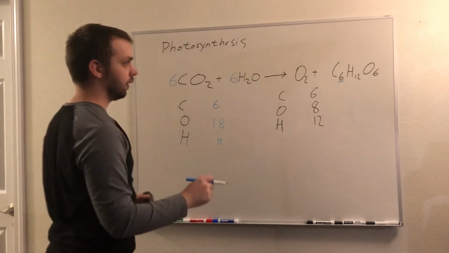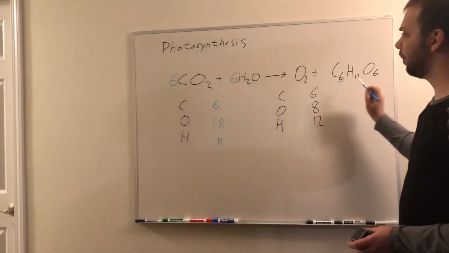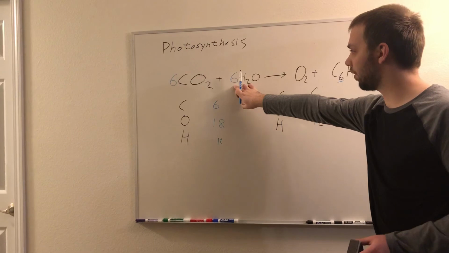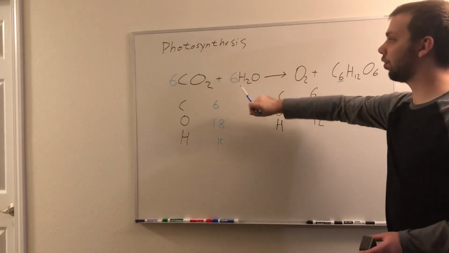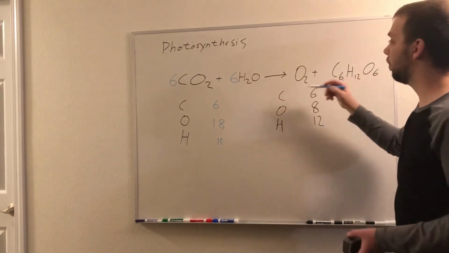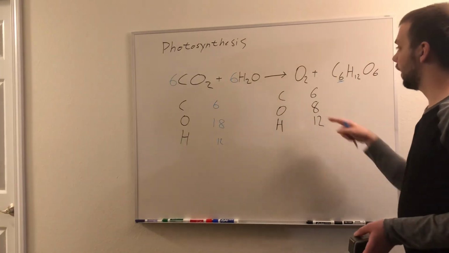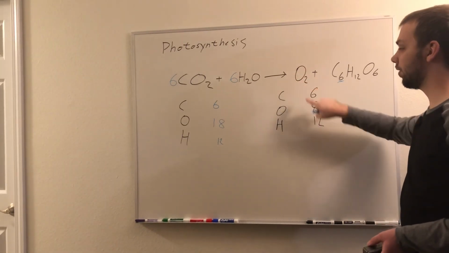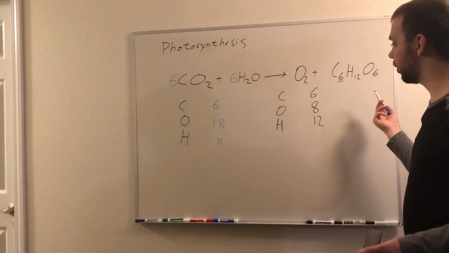So we could try to balance out this oxygen here, but to get the hydrogen, we already have 6 oxygen here. So if we do anything else to that, we're going to mess up that the hydrogens are equal. But what we can do is change this oxygen here. So let's see, how many oxygen do we need?